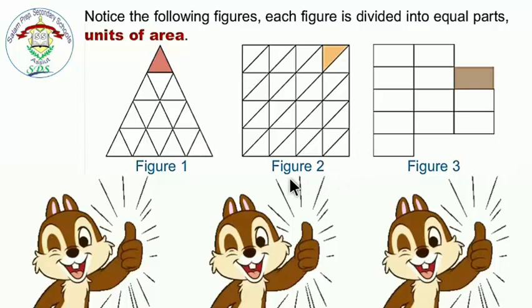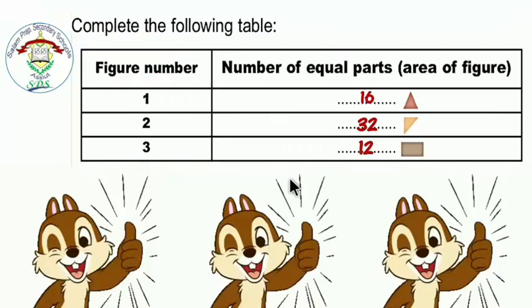So the area of figure 2 equals 32 triangles. Please take care. This triangle is different than this triangle. Okay?